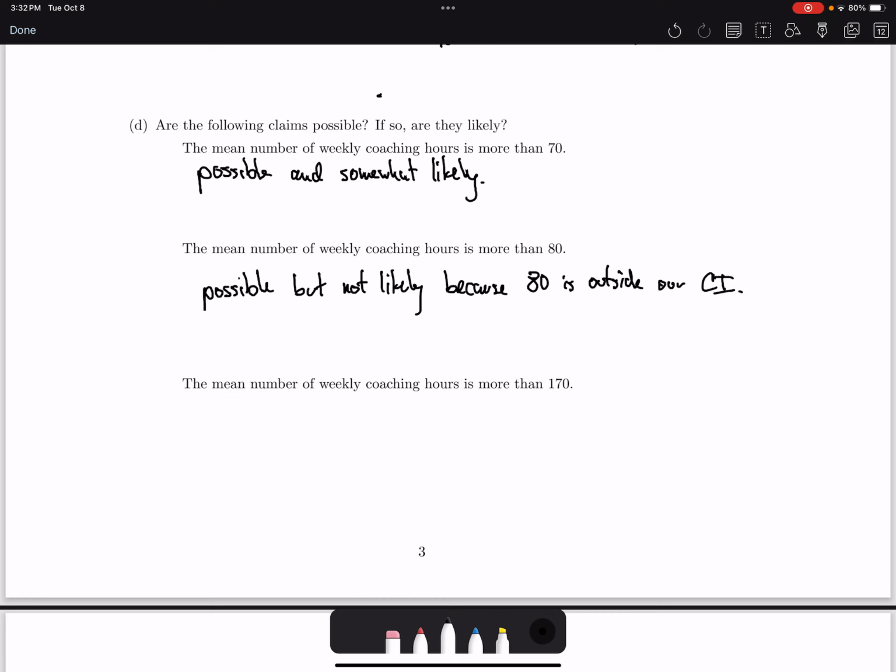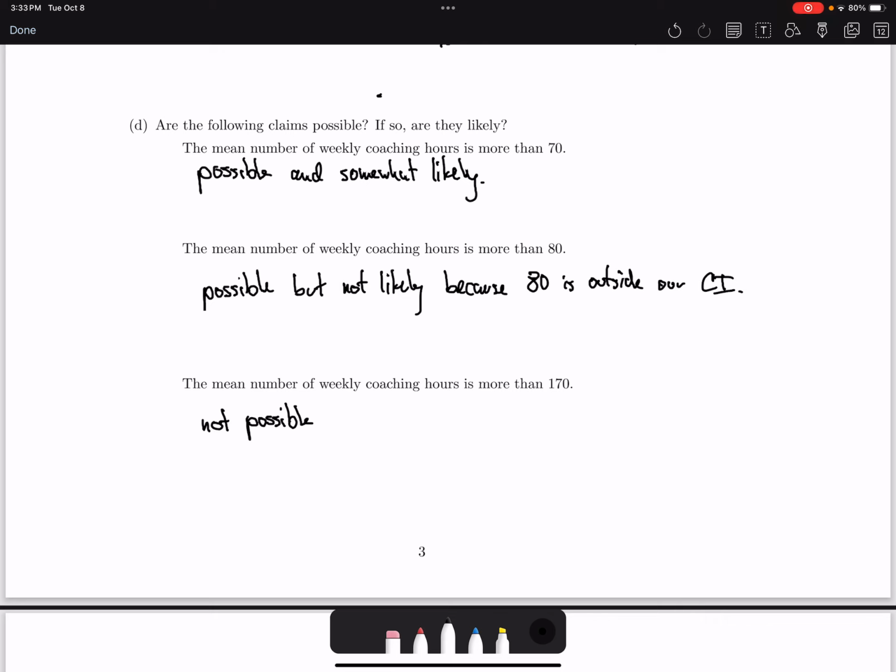And then finally, the mean number of weekly coaching hours is more than 170. Now, I have a sneaking suspicion based on the pattern of these questions that this is not possible. But to see why, note that there are only 24 hours in a day, and only 7 days in a week.